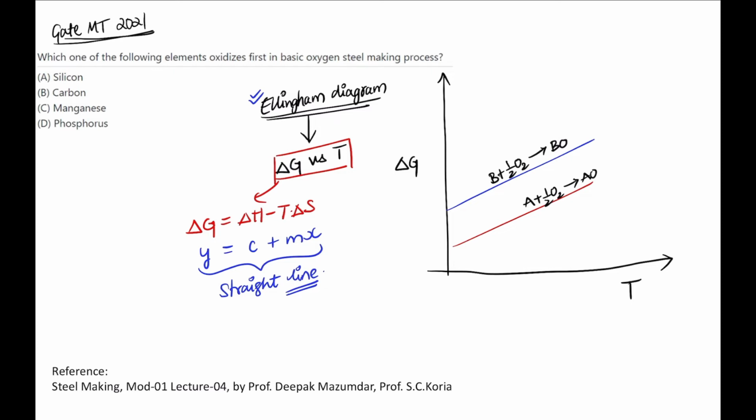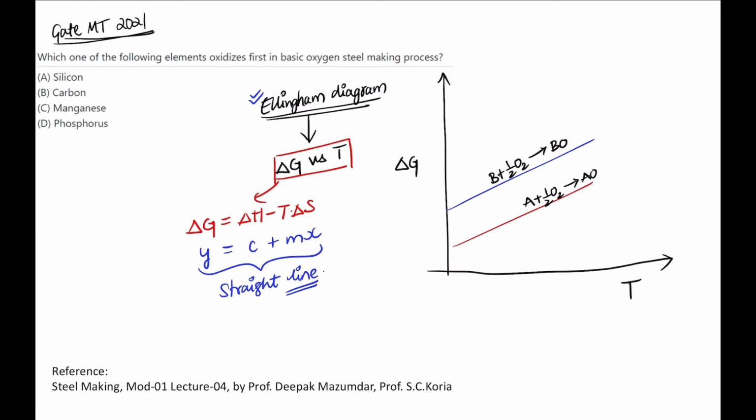We know that delta G should be minimum for higher stability. That means at any given temperature, the line lying on the bottom side is the more stable oxide, because it has the minimum Gibbs free energy. So the Ellingham diagram will tell you which oxide is most stable or which can easily form.